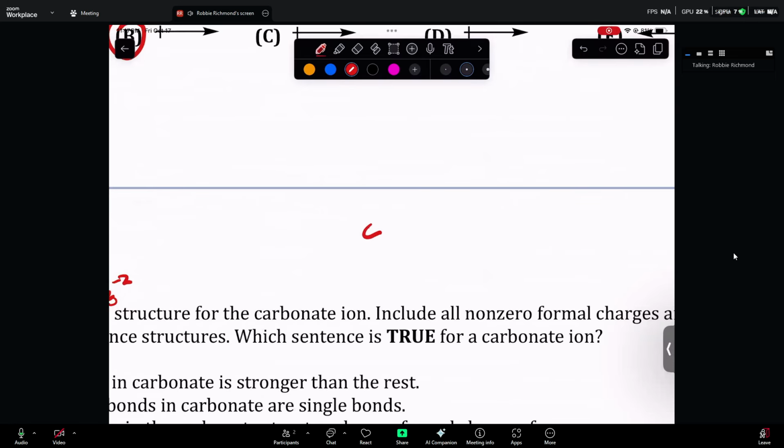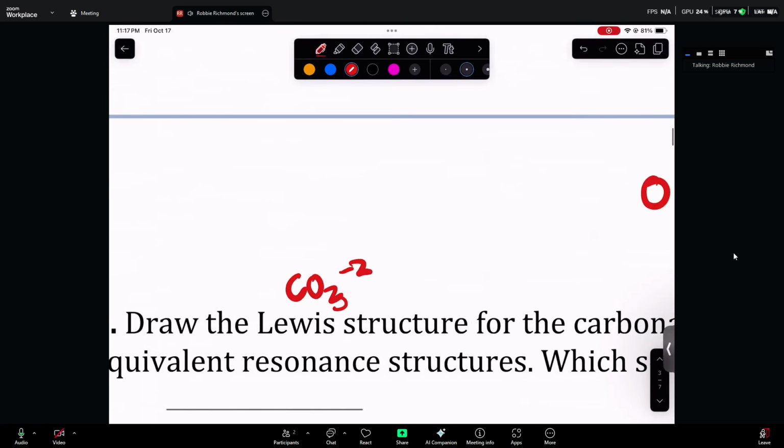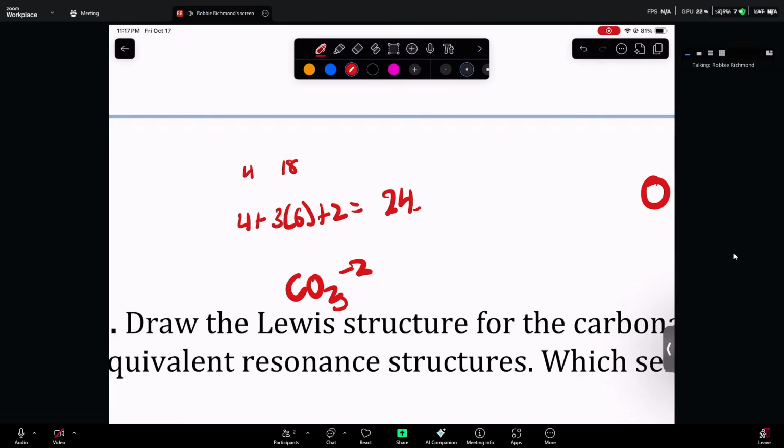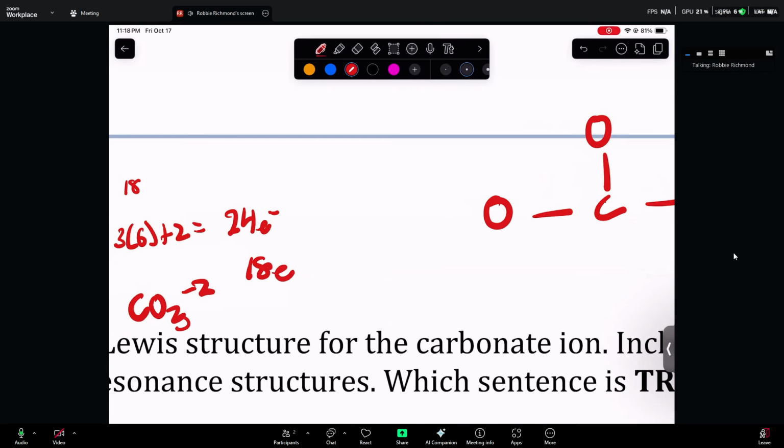Obviously, the least electronegative atom is going to be thrown in the middle. At the very least, we're going to have to throw 3 oxygens single bonded. Overall valence electrons we're dealing with is 4 plus 3 times 6 plus 2, which is going to equal, mental math here, 18, 4, 6. We have 24 electrons we're working with. So we expended 6 electrons from just single bonding them all together.